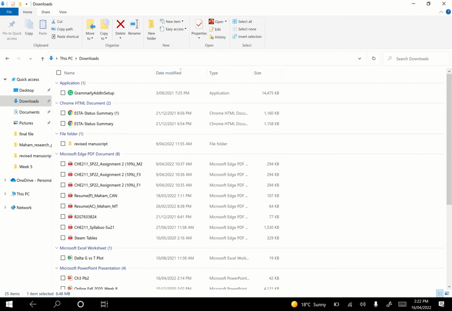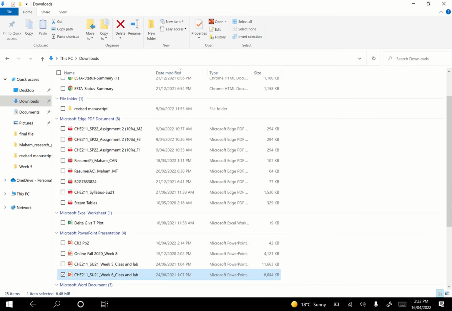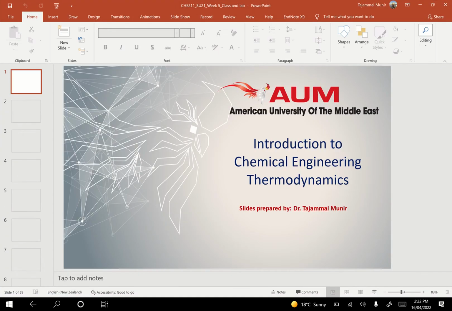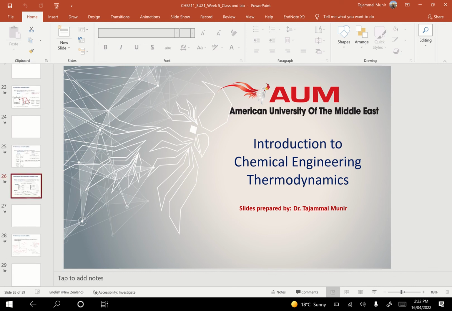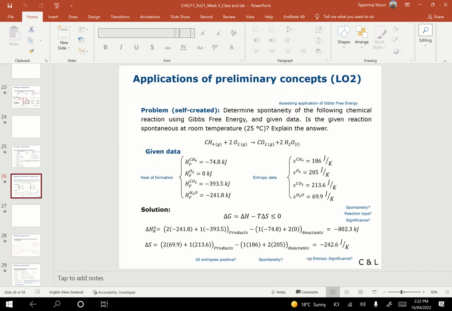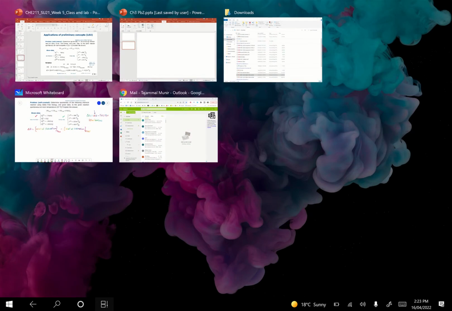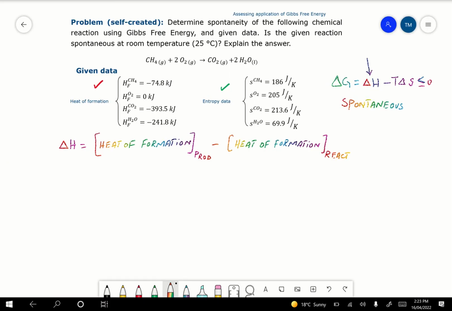Let me open that slide for you guys as well. So the slides are here. So this is the problem which is given here. So basically now what we will do, we will calculate delta H by, we have reactants and products.